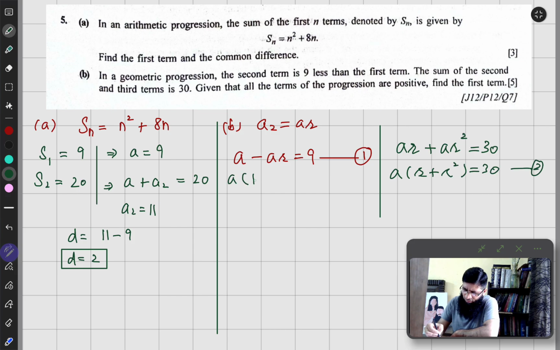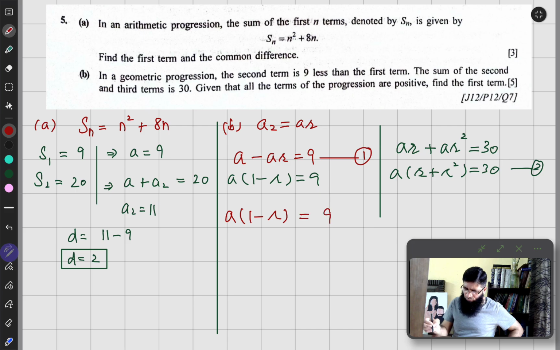And this is equation 2. Now you are supposed to find the value of A. The first equation is A times 1 minus R is equal to 9, and the second equation is A times R plus R square is equal to 30.